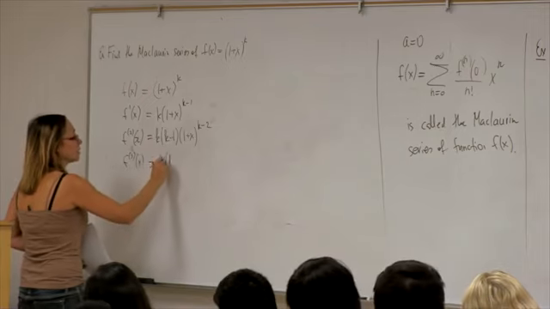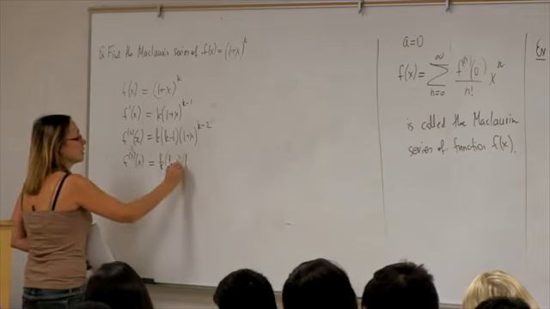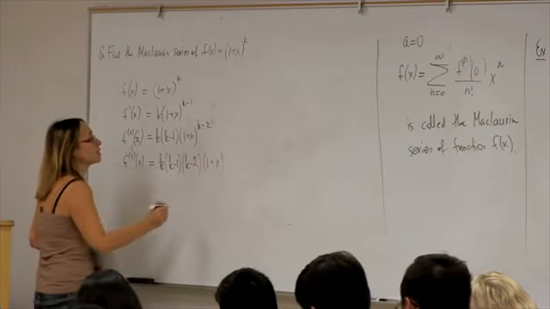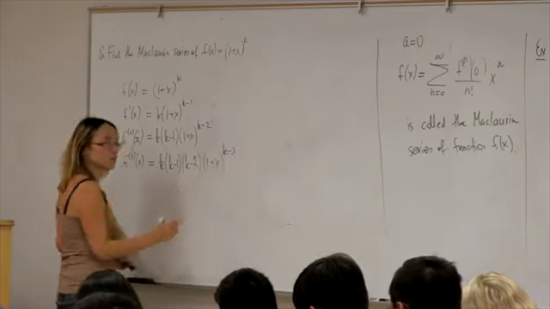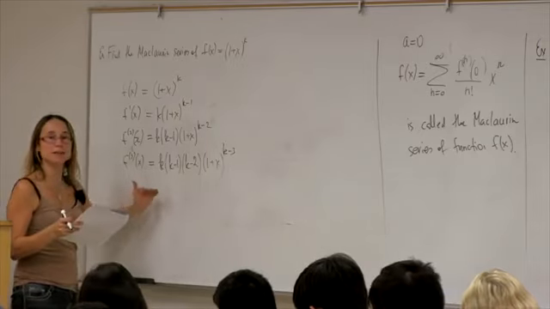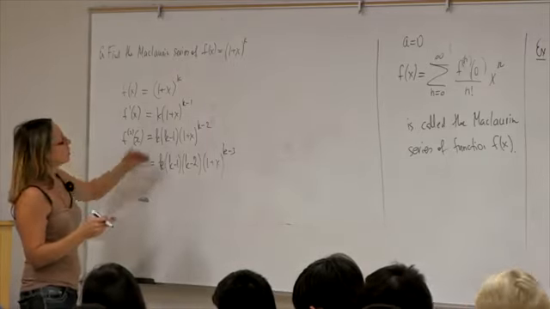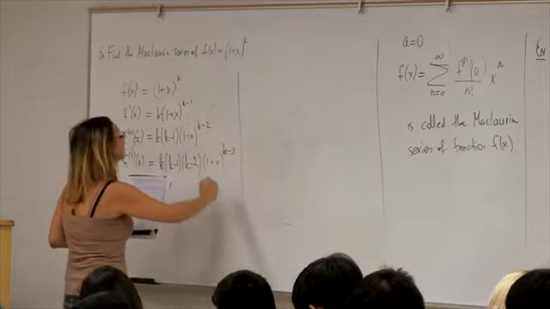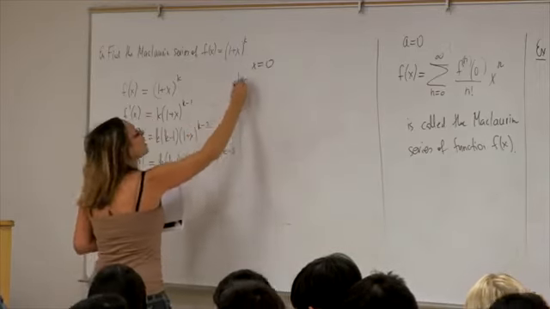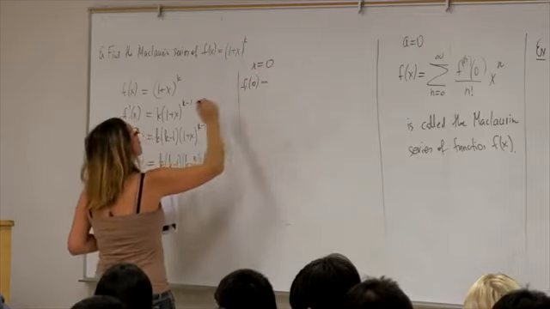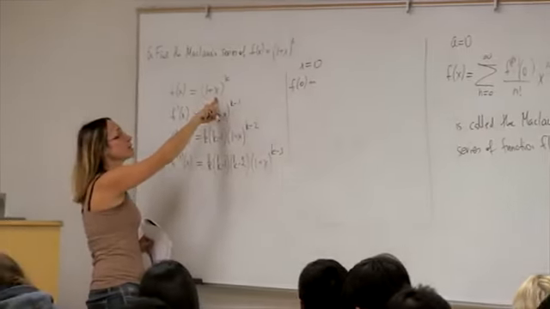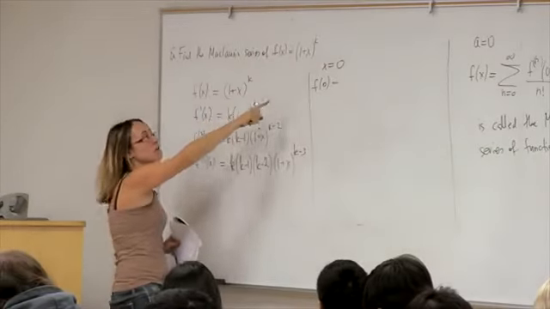Then k times k minus 1 times k minus 2 times 1 plus x to the k minus 3. So I think we can see the pattern here, right? And it's especially transparent when we evaluate everything at x equals 0. So what is f of 0? You can see that this is 1, right? When x is 0, this is 1 to the k, which is 1.